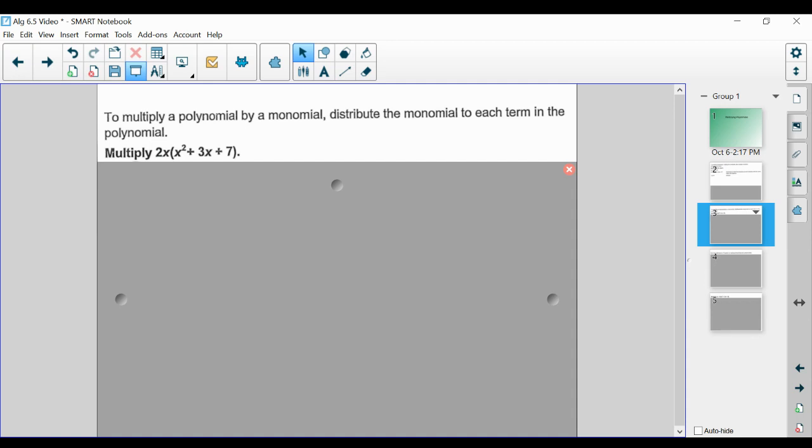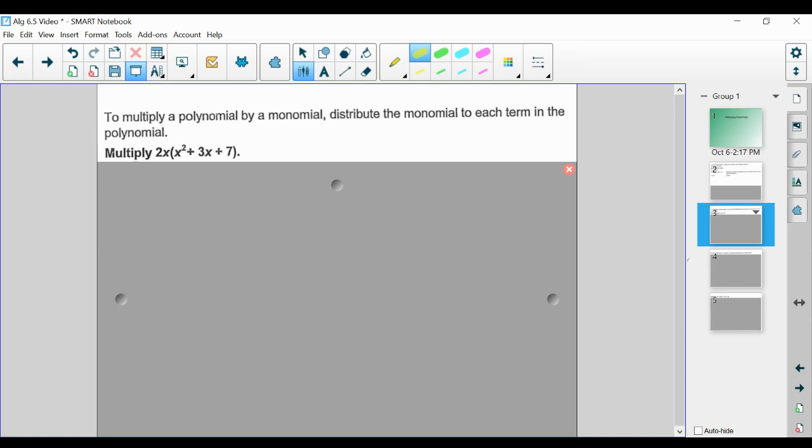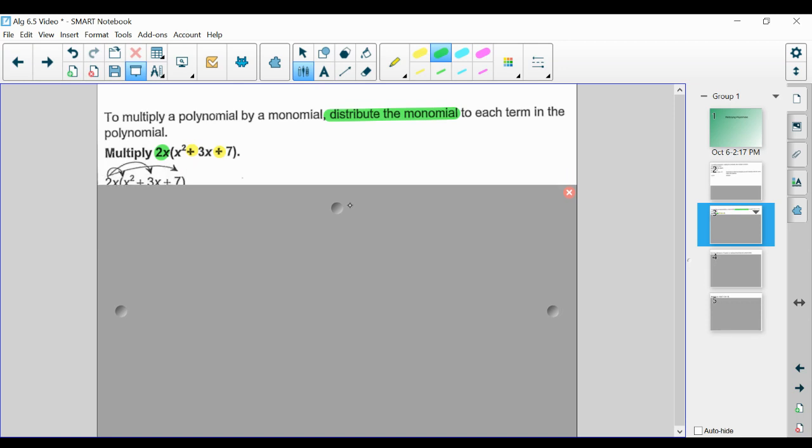Notice how inside the parentheses there is addition going on. Addition, and it could be subtraction, but we have a polynomial because we have multiple terms together. So we have to distribute this monomial. We're going to distribute the monomial 2x to each term inside the parentheses.